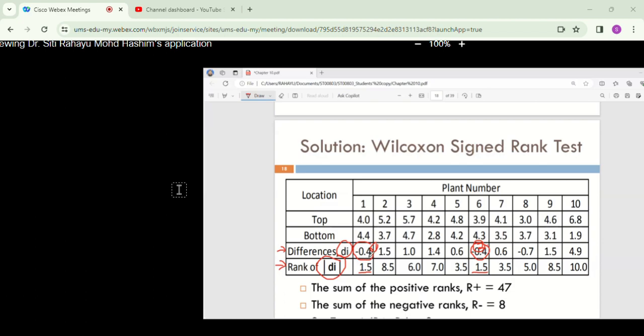So we cannot assign ranking 1 and ranking 2 to the same values. So we need to average the rankings. Ranking 1 plus ranking 2, 1 campur 2, 3, and then there are 2 similar values, then 3 bahagi dengan 2. That's why we get 1.5. Faham, Iqbal?